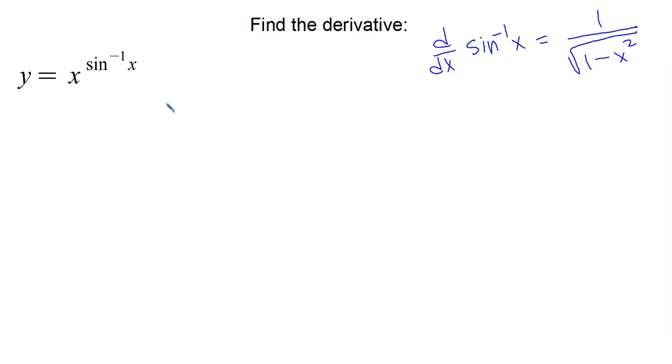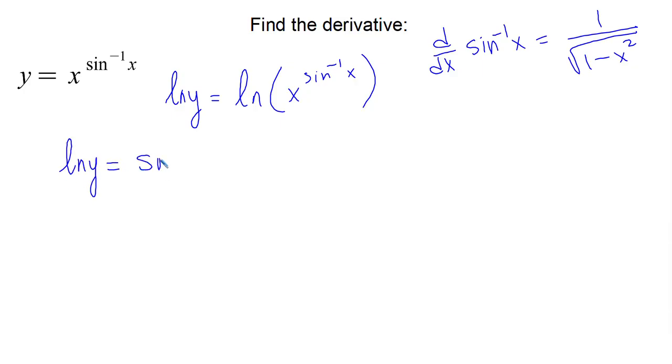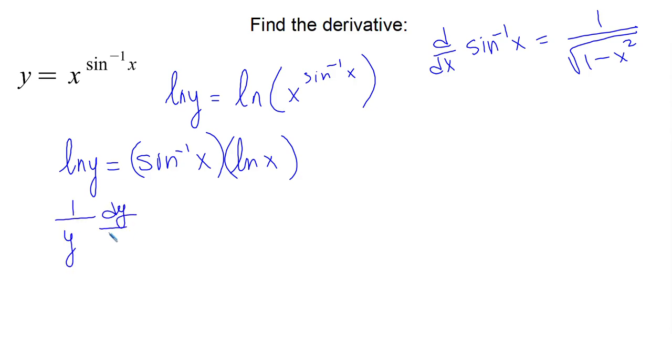We're first going to take the natural log of both sides, though, because we see that it's a function to the power of another function, and that allows us to bring the exponent out into the front. So we have natural log y equals the inverse sine of x times the natural log of x. Now when we do this implicitly, we first get 1 over y dy dx.